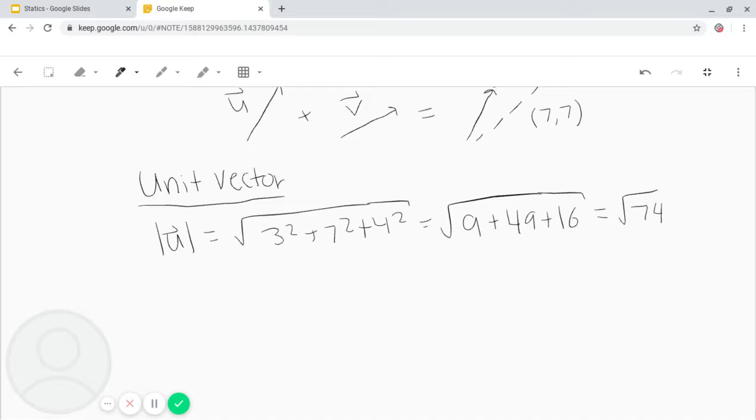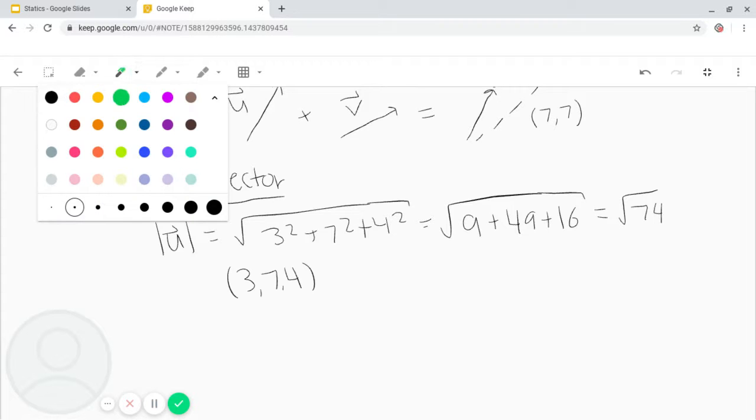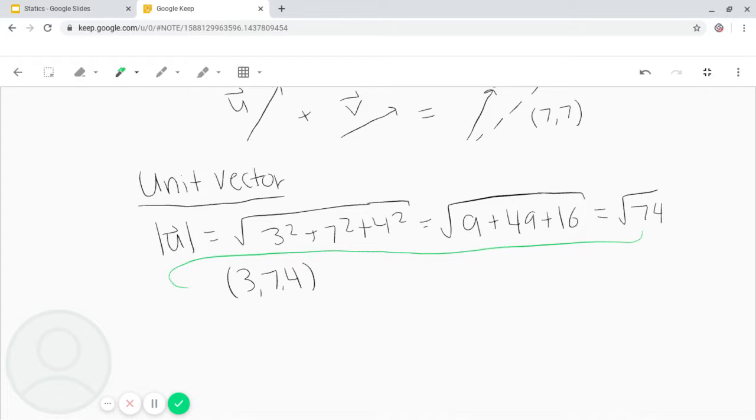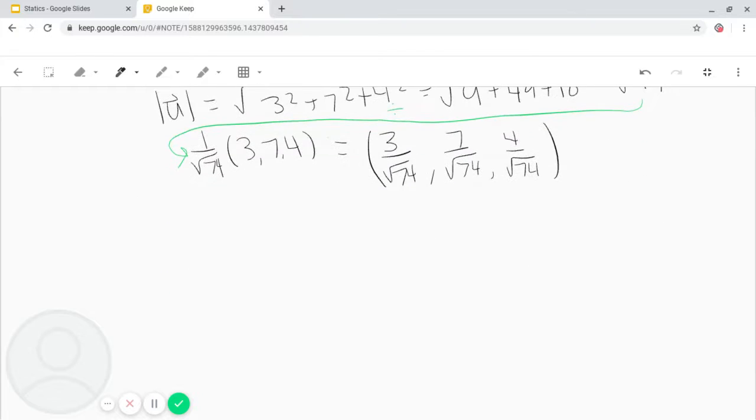And then we'll take vector u, which is 3, 7, 4, and divide it by its length. Okay, and that is the unit vector for u.